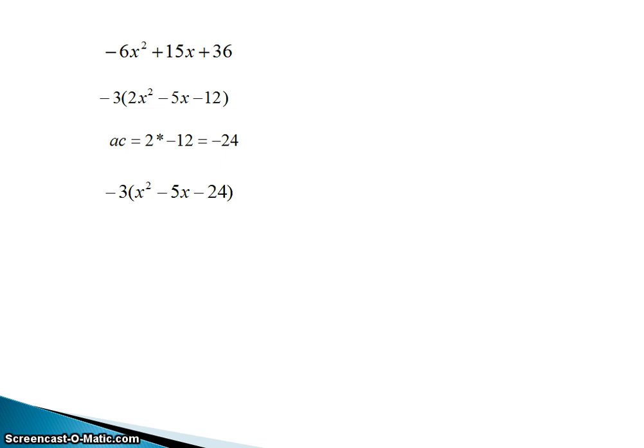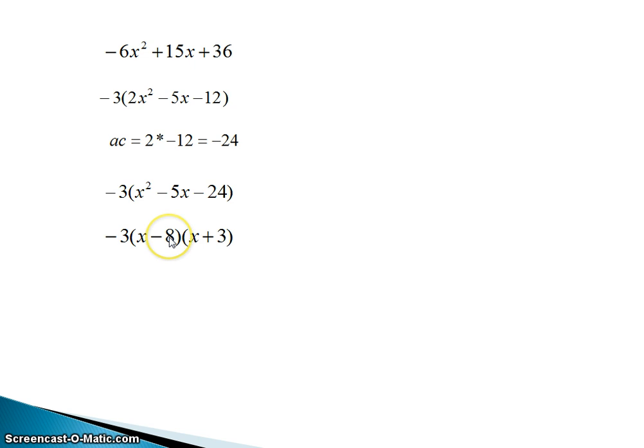And I am going to eliminate the value of a, or 2, and replace c with a times c. Now this is just a temporary expression here as a part of my process. Then I'm going to factor what's inside the parentheses. I'm going to find two numbers that multiply to be negative 24 and add to be negative 5.